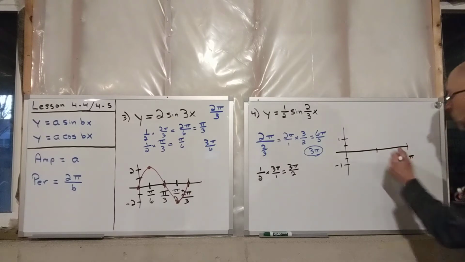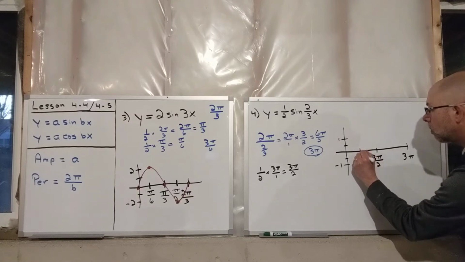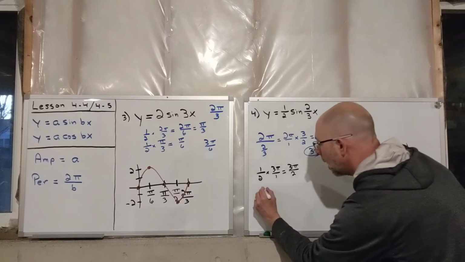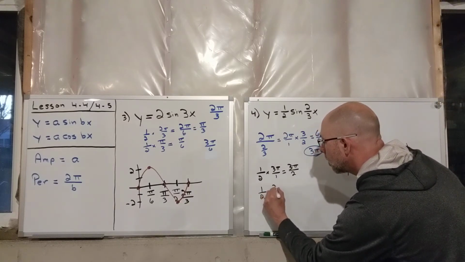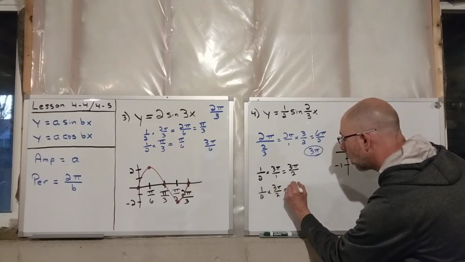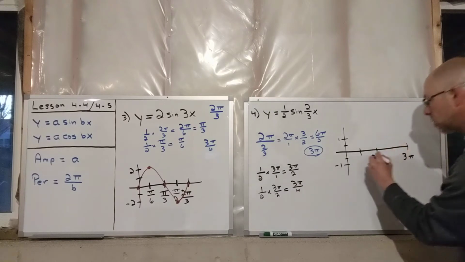Yeah. So 3 pi over 2. And then we'll fill in that one, which is halfway to that one. Half of 3 pi over 2 is 3 pi over 4. That goes here.